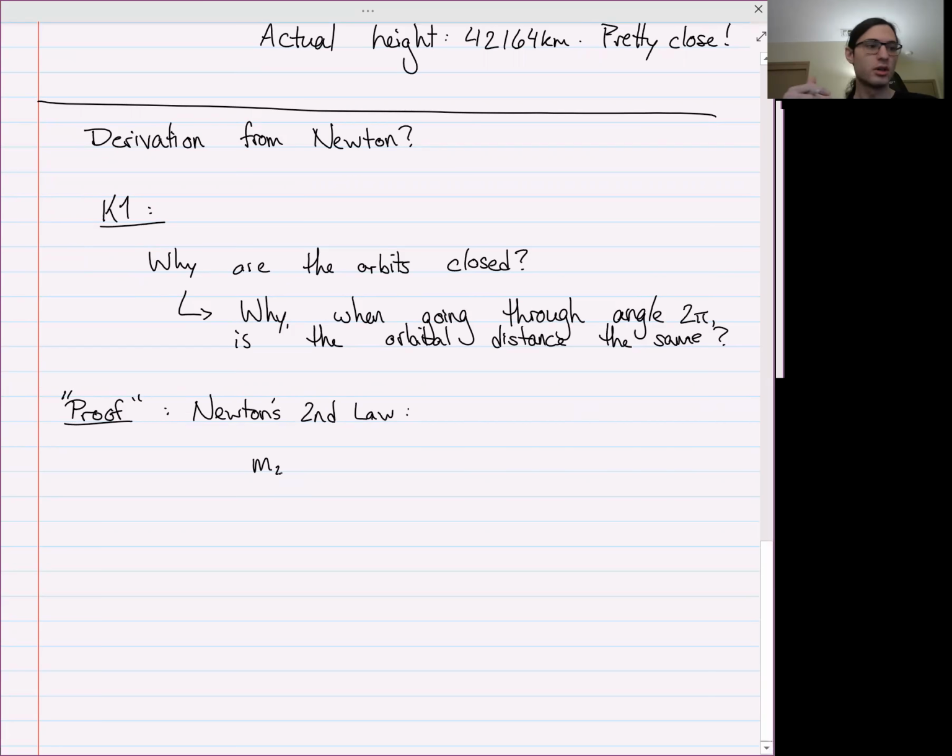Now it's a vector. And we can write the acceleration as a derivative of the velocity, the time derivative of the velocity of the orbiting body. And this is supposed to be equal to the gravitational force, which can be written as negative G m1 m2 divided by r squared, r being the distance between the centers of the two objects.